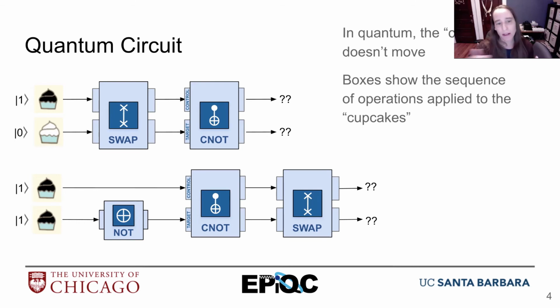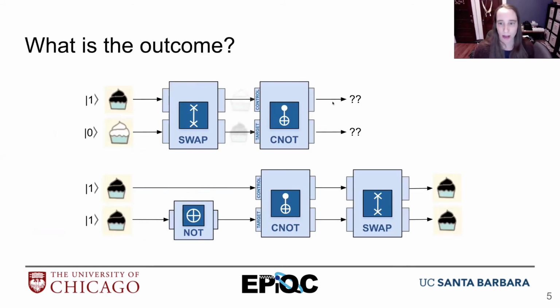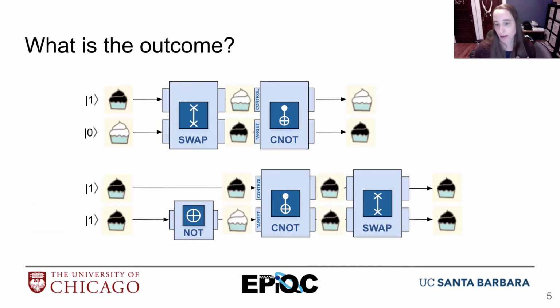So these boxes are trying to show the sequence of operations that occur as opposed to where a cupcake travels through the system. So we can calculate these just like you did in your game, and I would get my intermediate results, and then my final results. So this is what quantum programmers can do when they're trying to solve problems.